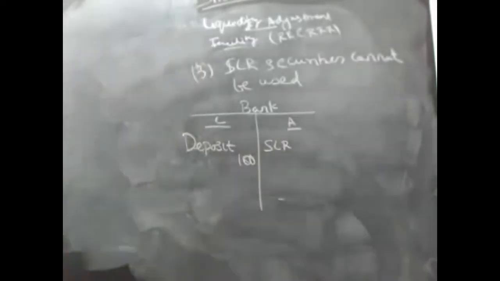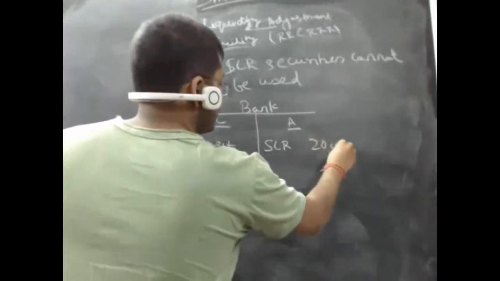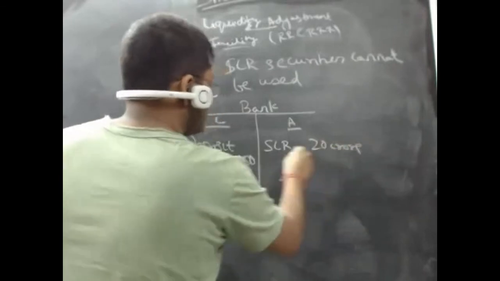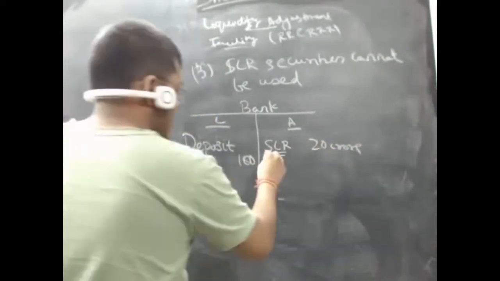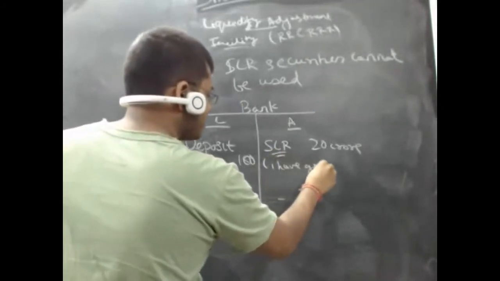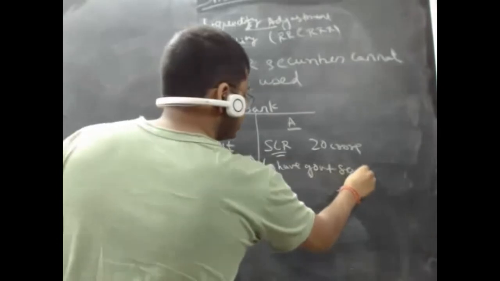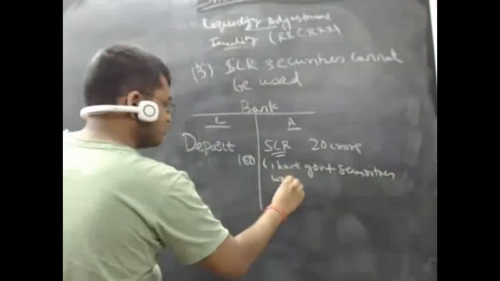How much money do I have to invest in SLR securities? If the SLR requirement is 20%, I will invest 20 crore. So this 20 crore is my investment. I have government securities worth 20 crore.